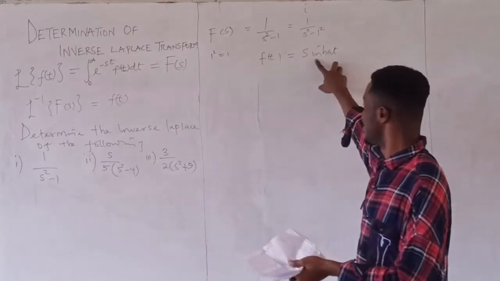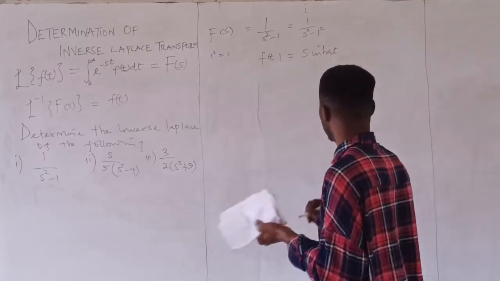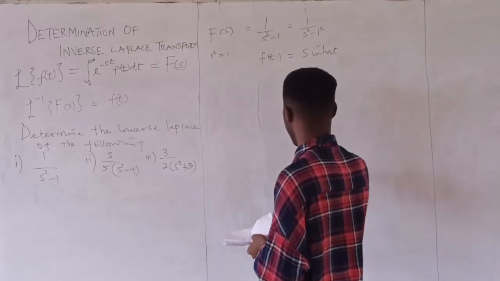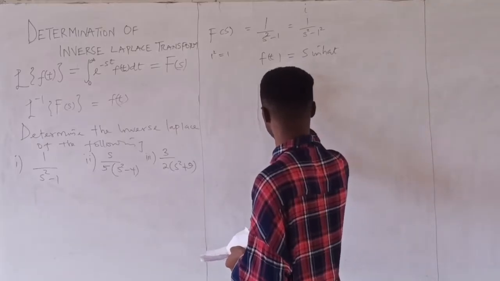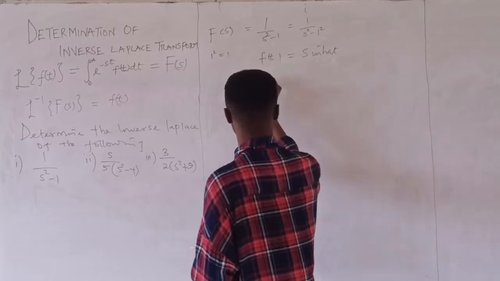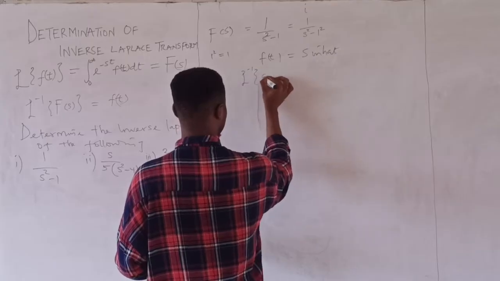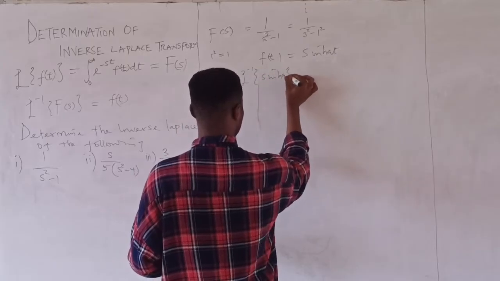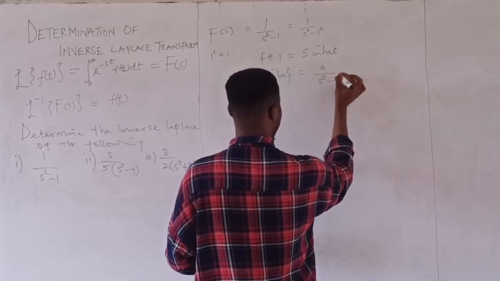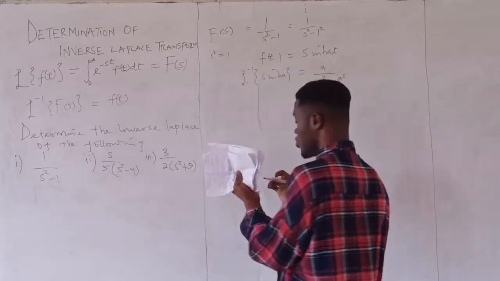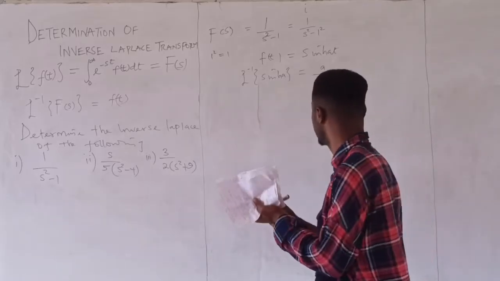So when f of t is equal to sinh at, the original f of s that was equal to that was when we had that the Laplace of sinh at was equal to a divided by s squared minus a squared. So this was the definition of the Laplace of sinh at, right?